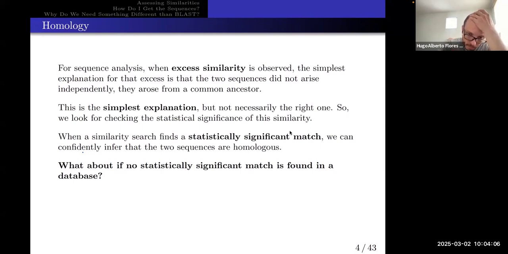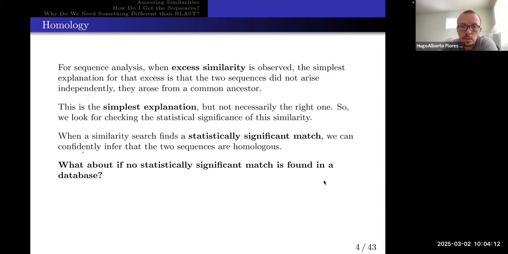Nevertheless, what happens if we don't find a statistically significant match? This search of sequences is always done using some database, and this is one of the limitations that we have. We are looking in particular databases, and that is the information that we have there. Sometimes the information is not in the database yet.